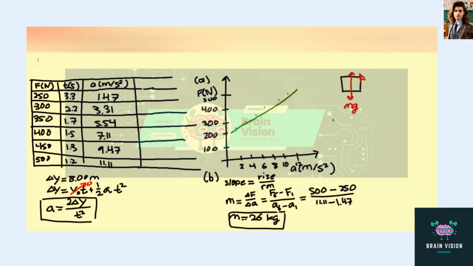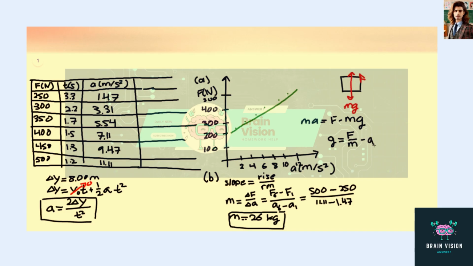If we apply Newton's second law to this block, then we get that the force ma is going to be equal to the applied force minus mg. In other words, we can solve for g by taking F over m minus a.